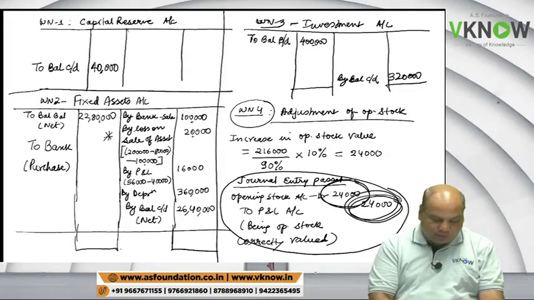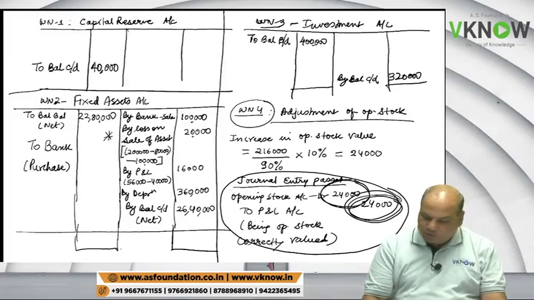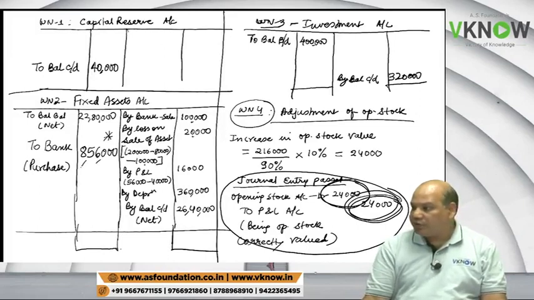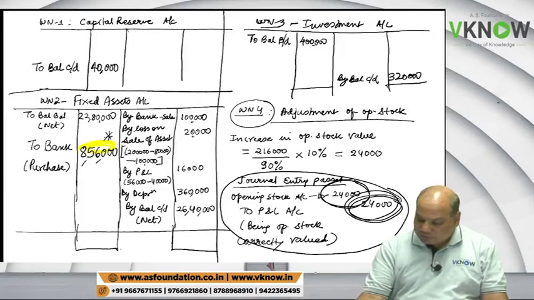You can reply if you have got the answer: 3,60,000 plus 26,40,000 and minus 22,80,000. So the purchase of fixed asset is, check the answer, 8,56,000. Anybody getting 8,56,000 will raise hand.